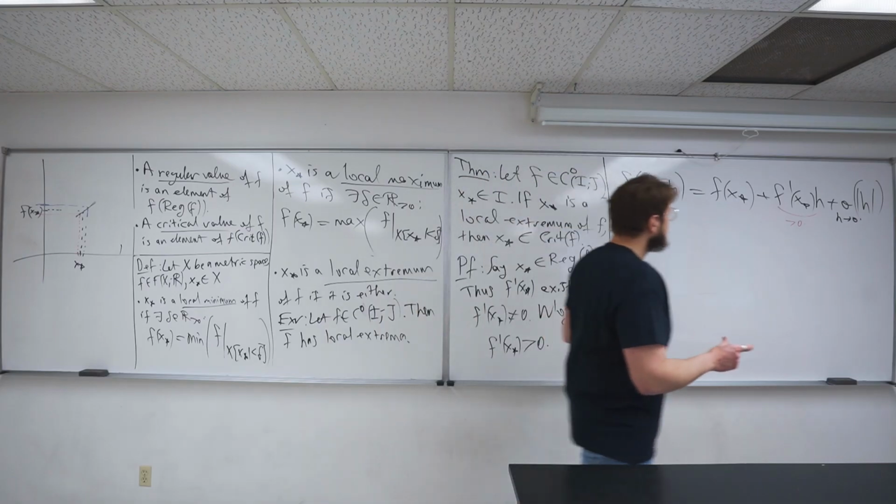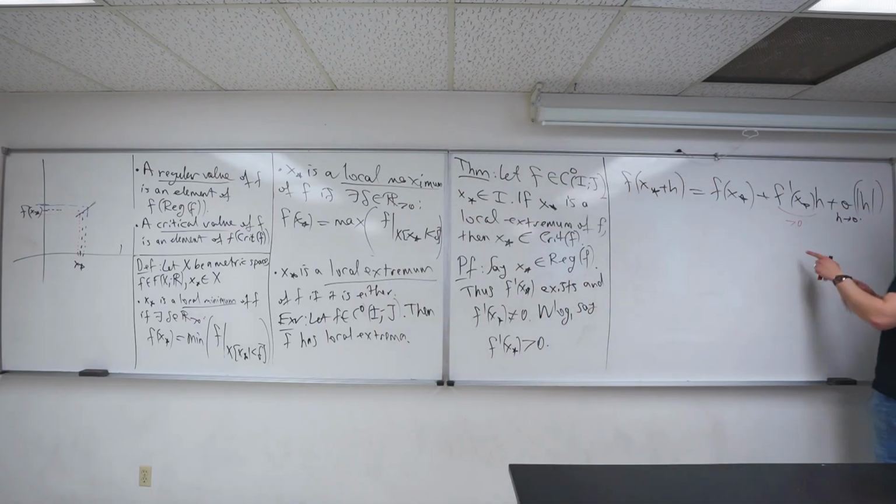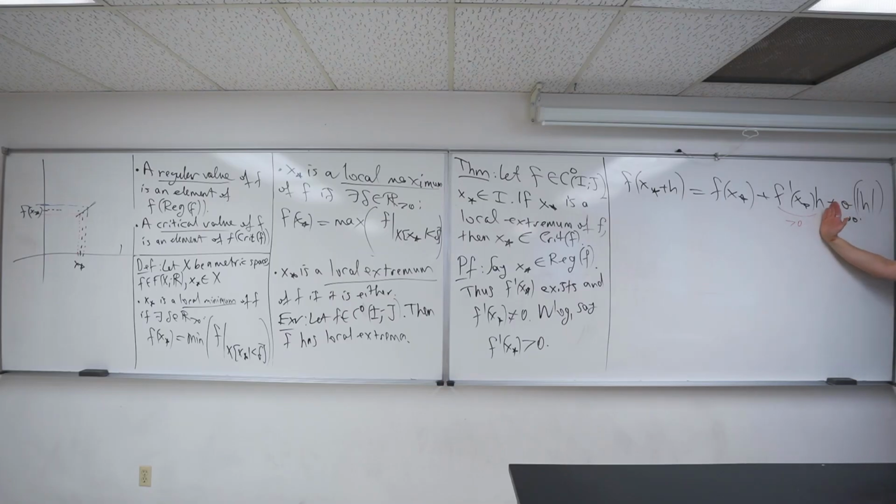For h small, the effect of whatever this error is going to be significantly less than the effect of this. This is a higher order term. Imagine this is something like h squared. It's something that decays faster than h does. For large h, the effect of this matters, but for small h, it doesn't matter.